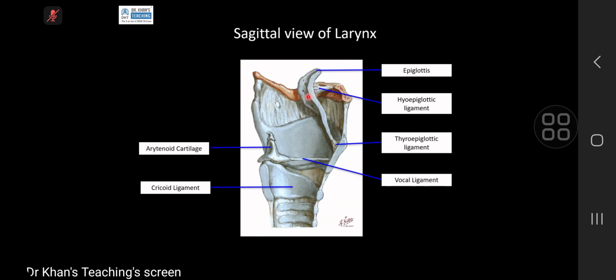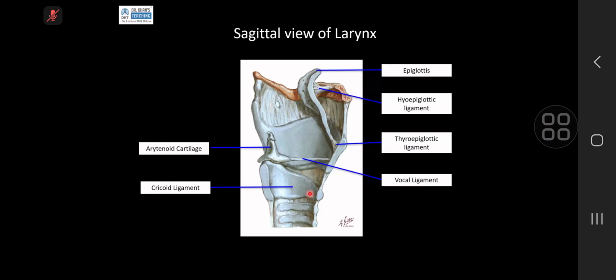Now, this is a sagittal cut diagram. Here you can see that this is the cricoid cartilage. This is the posterior part, which in craniocaudal dimension is thicker. The anterior part is smaller. Please remember that the cricoid cartilage is the only cartilage in the larynx which is a complete ring.